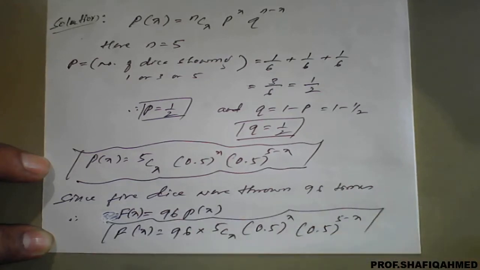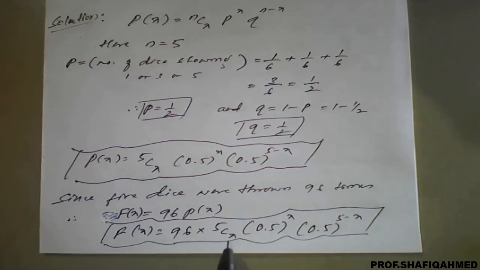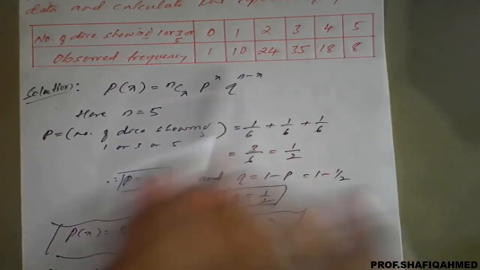We'll use this formula to get the theoretical frequencies. Here x will start from 0, since there are 5 dice. So when x is 0, what is f of 0? When x is 1, what is f of 1? When x is 2, what is f of 2? Similarly f of 3, f of 4 and f of 5, and we'll see the result in the table.